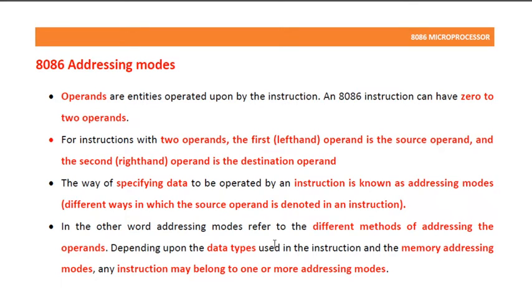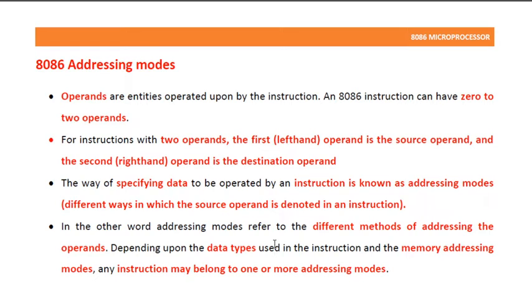Now, the way of specifying data to be operated by an instruction is known as addressing modes. That is, the different ways in which the source operand is denoted in an instruction.